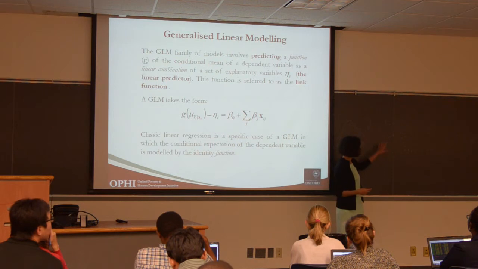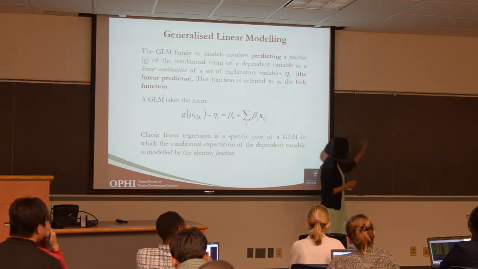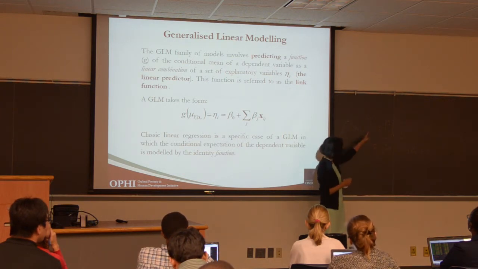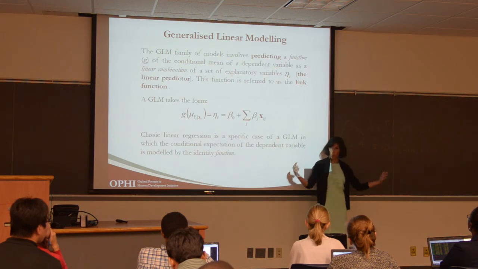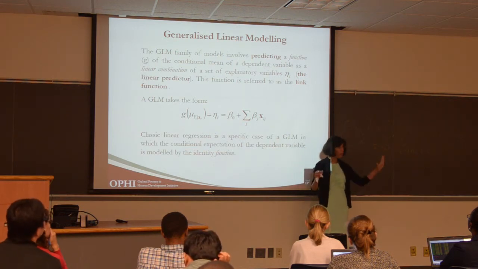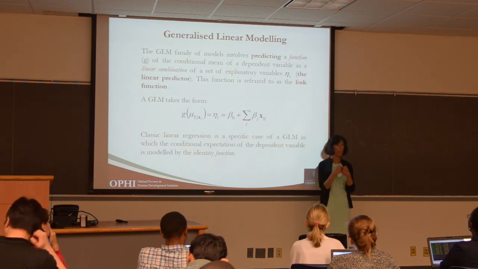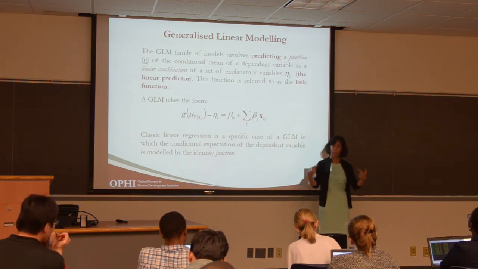Okay? So this is the linear model. What I'm talking about now is a generalization of this linear model, which holds whenever the dependent variable is continuous and can take any value from minus infinity to plus infinity, which is not our case with the dependent variables that we have for this analysis.